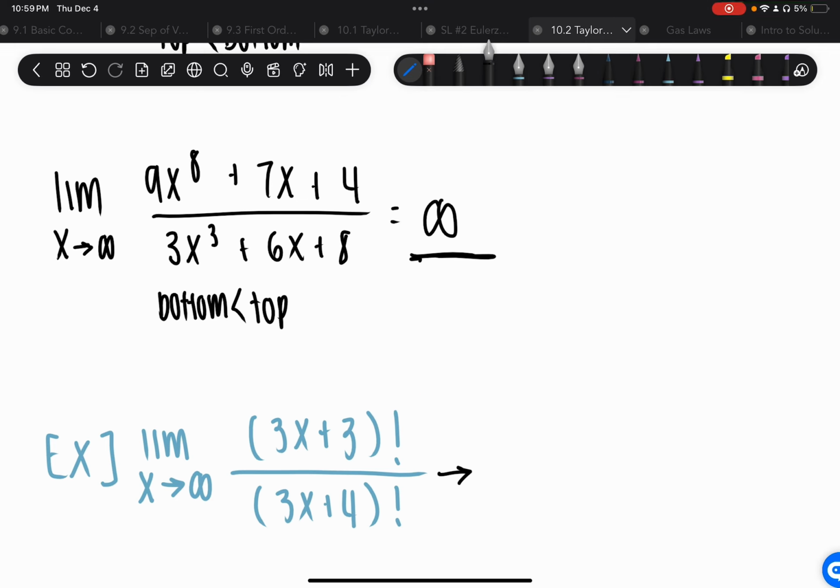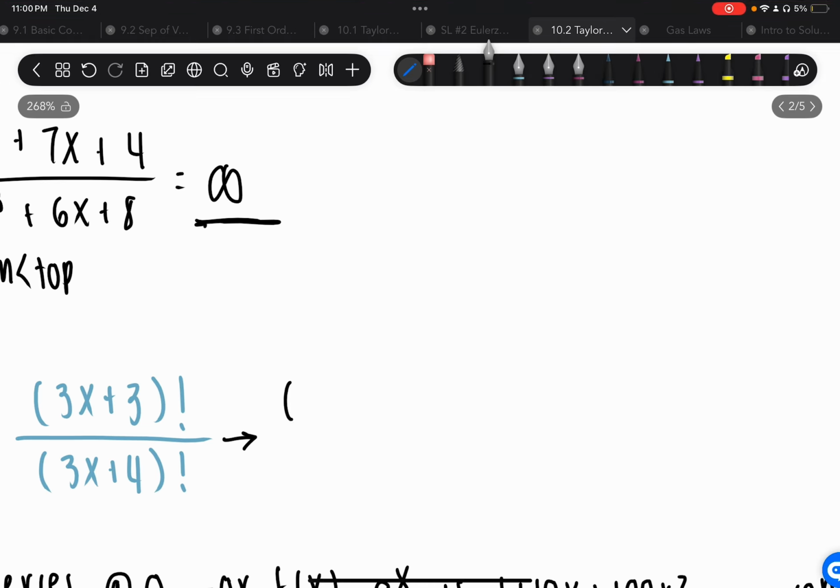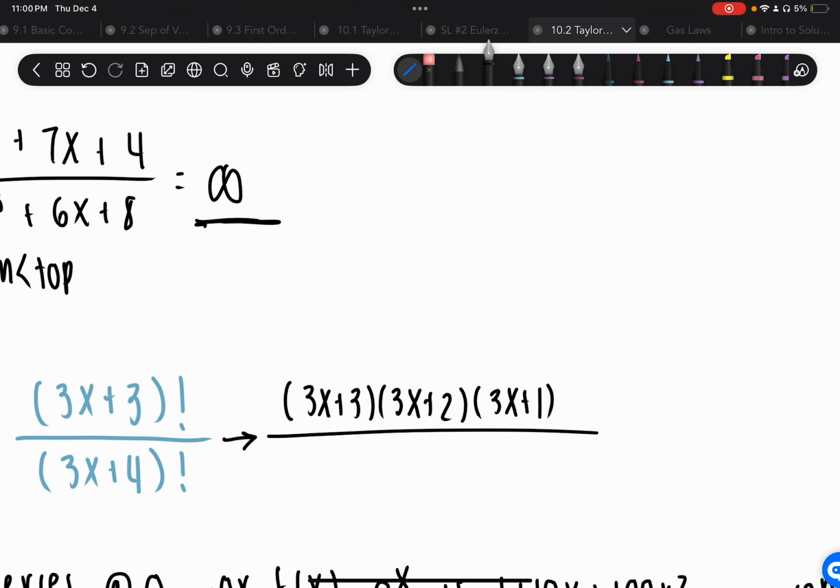So to solve this for the factorial, I would have 3x plus 3 times 3x plus 2 times 3x plus 1 over, and then here I'm starting with 3x plus 4, and then times 3x plus 3, 3x plus 2, 3x plus 1.